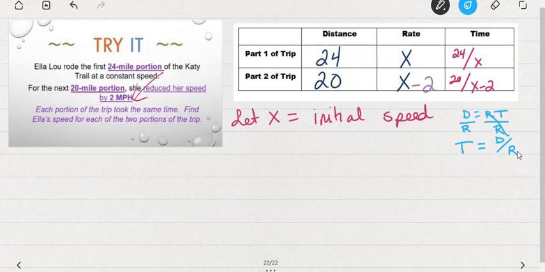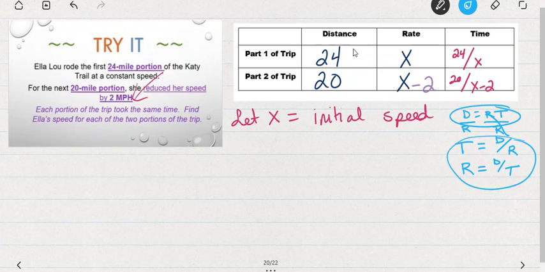Or if I divided both sides by the time, I'd get that rate is distance divided by time. So just like you know distance equals rate times time, you could then use that to get these other two formulas. The one we're going to use this time is that time is distance divided by rate.